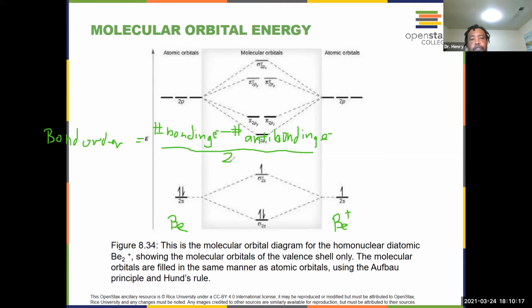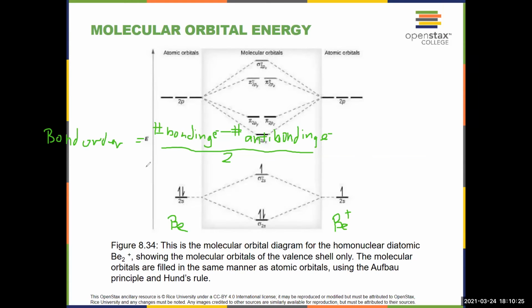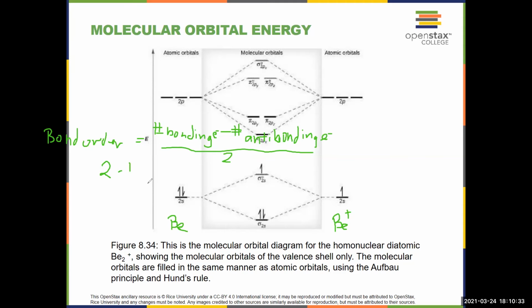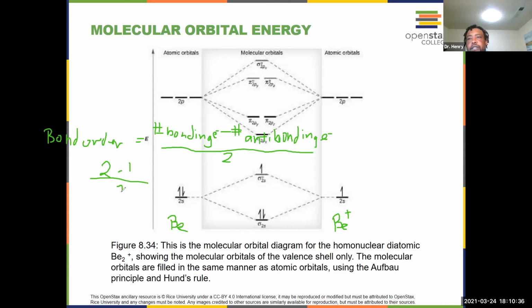Okay, so I'm going to have you guys do some really good math here. How many bonding electrons do I have? 2. How many antibonding electrons do I have? 1. And we're going to divide that by 2. So we get 1/2.